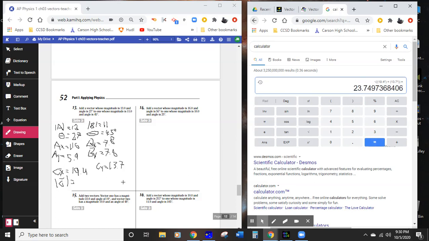And that gets us 23.7. So the magnitude of this new vector is 23.7, okay?